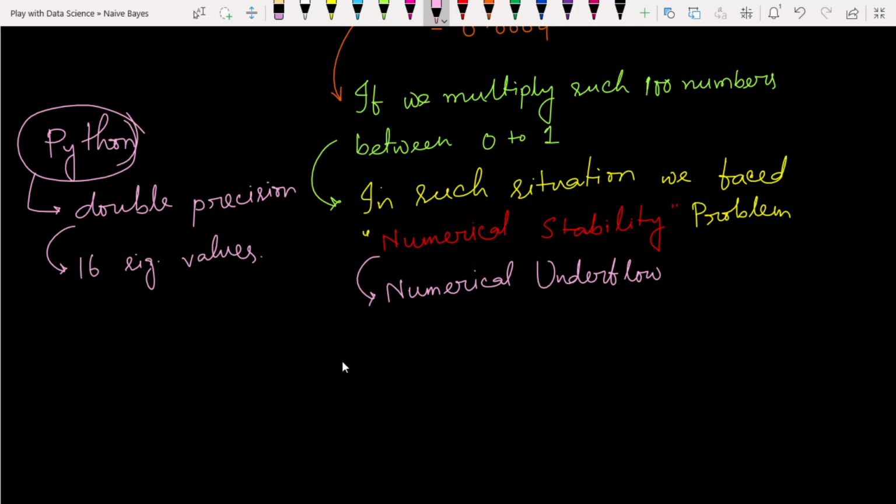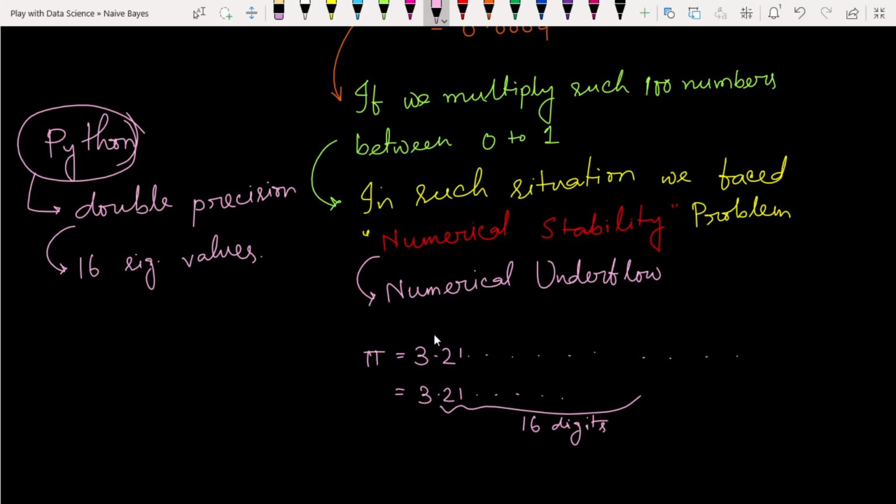If you use double precision, then after 3 point something, Python by default keeps only 16 digits. For precision purposes, it takes only 16 digits.